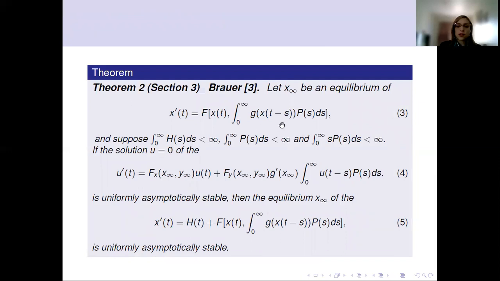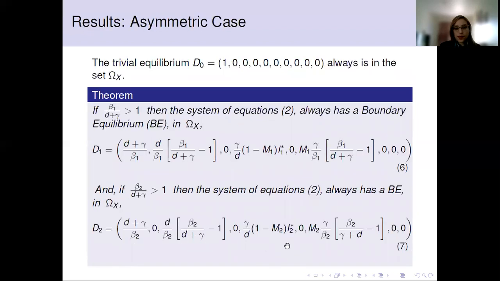So this is the theorem that we use to analyze the stability of the equilibrium of the limiting system, and then we conclude, assuming some hypotheses for the general function P, that we could show the stability also for the system that we proposed.